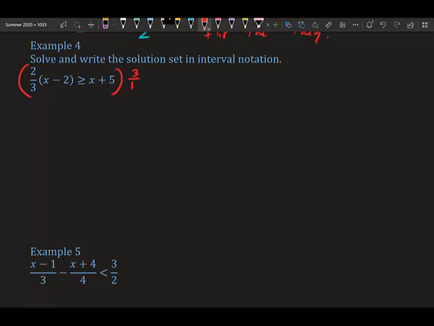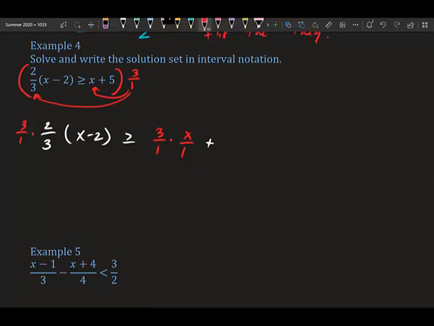So we're going to multiply everything by 3 over 1, everything that's a term. So we have 3 over 1 times 2/3, and that's all times x minus 2. And that's greater than or equal to 3 over 1 times x over 1. And that's plus, so you don't need to put the over 1 if it's not a fraction.